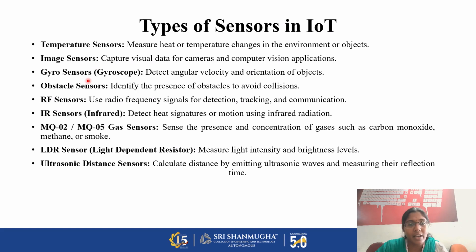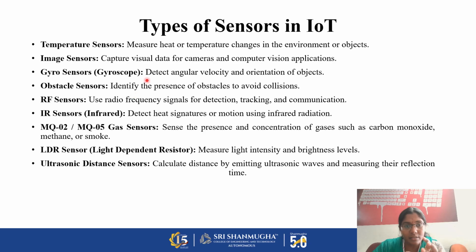And what is meant by gyro sensors? If you want to detect angular velocity or orientation, in which orientation the things connected to your internet are, in those places gyro sensors can be used. The next one is obstacle sensors. Obstacle sensors are used to identify the presence of any obstacles.